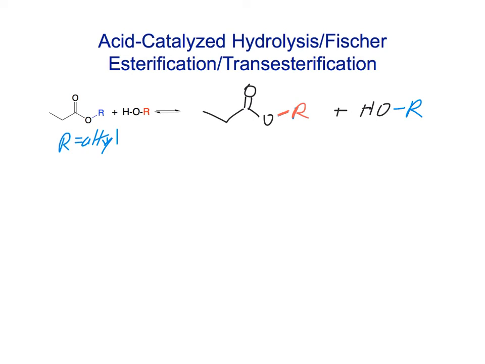An ester, right? And if this R equals an H, what's it reacting with? With water, right? So in that case, we would be getting, what would the product be then? This would be a carboxylic acid. And this would be an alcohol.